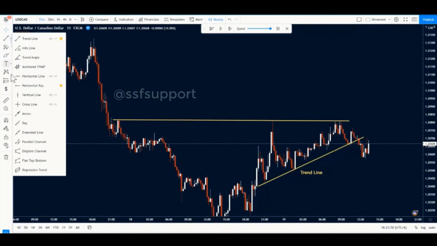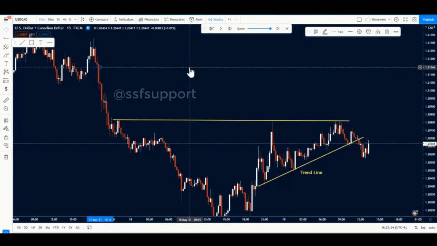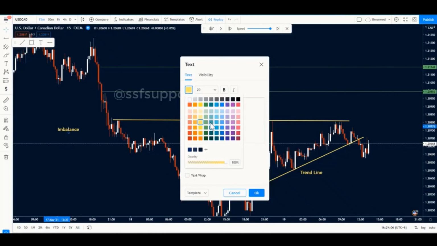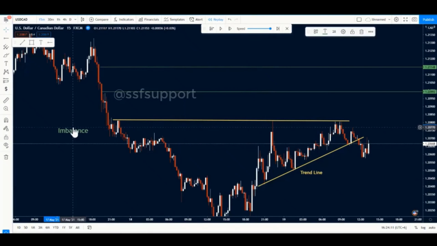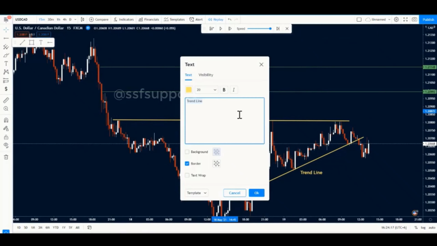Now if we look further up, we can see that price has some imbalance in this area up to here, and this is our imbalance area. So this is our imbalance area, this is the trend line, and this is our resistance.